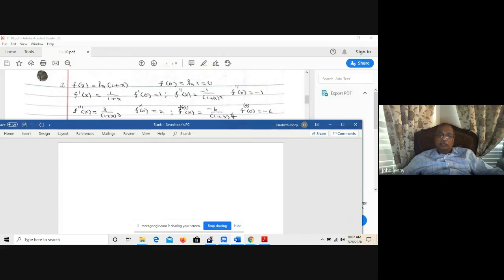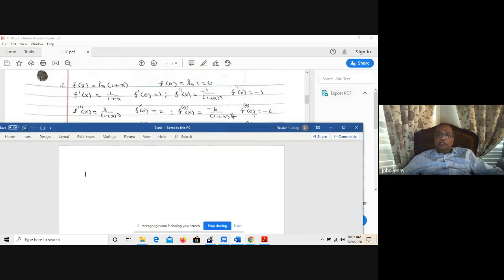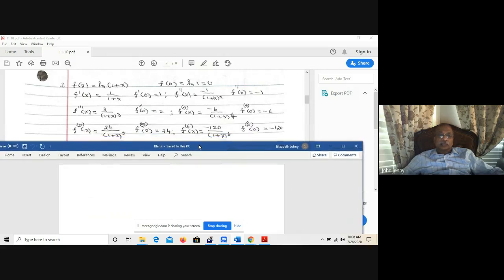Similarly, fourth derivative of f x is negative 2 times negative 3, that's negative 6 over 1 plus x to the 4. So f fourth derivative at x equal to 0 is negative 6 and so on.